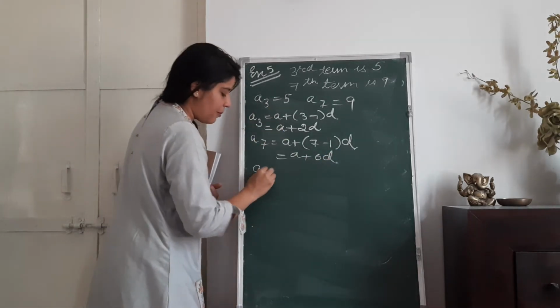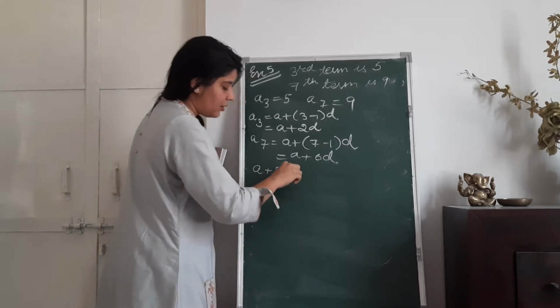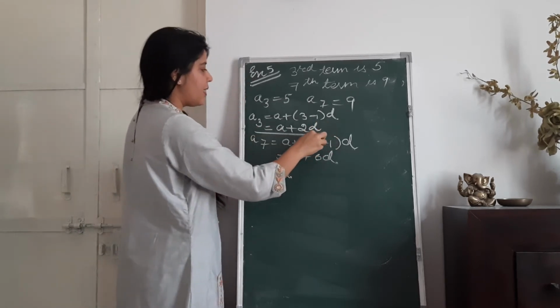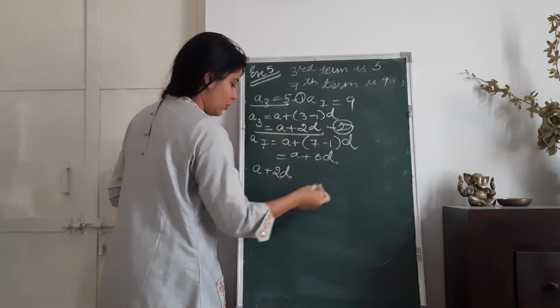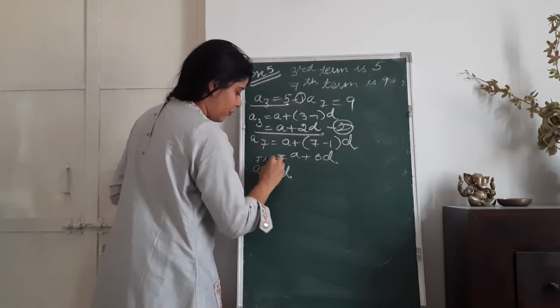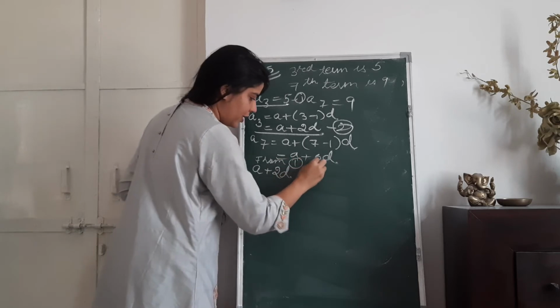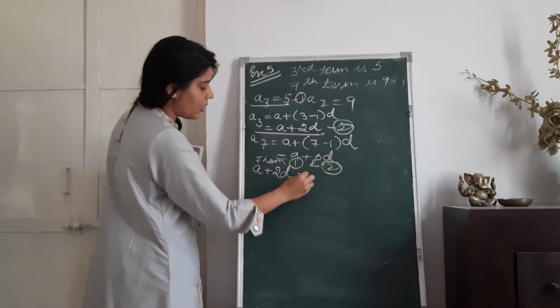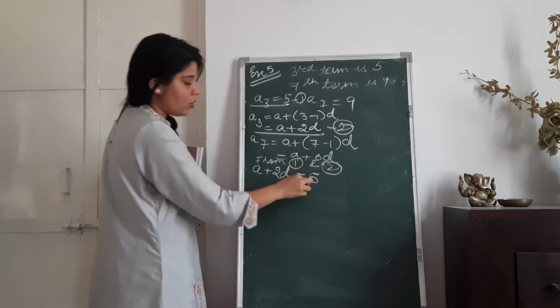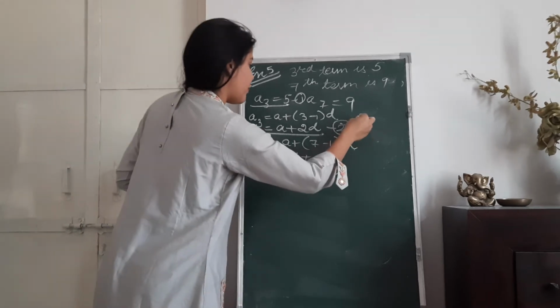So from 1 and 2, I clearly get a plus 2d is equals to 5.